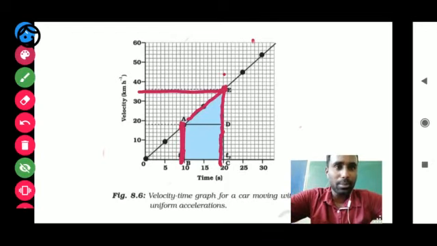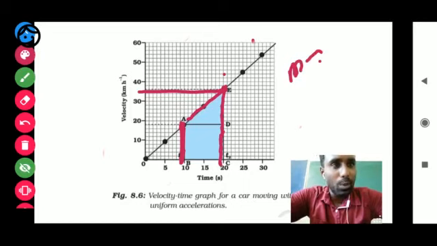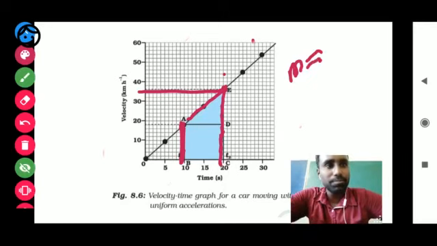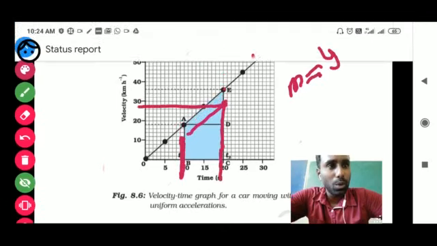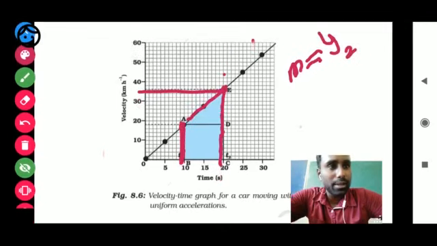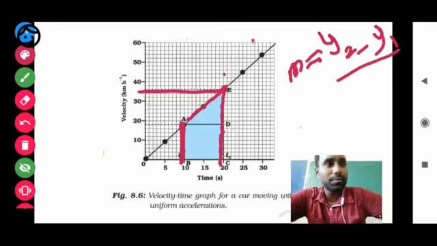In mathematics we have the slope formula. In your higher classes you will study that slope is nothing but how much slanting the line is. So slope m equals y2 minus y1 divided by x2 minus x1.